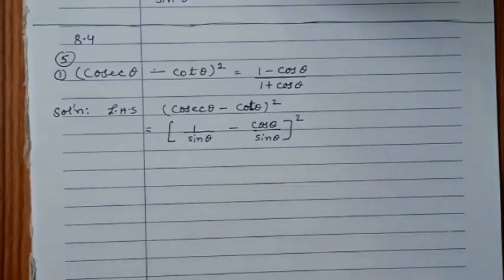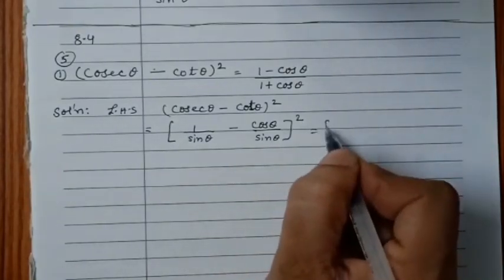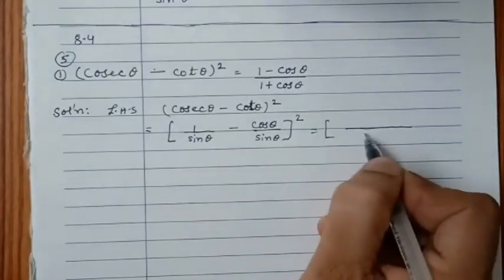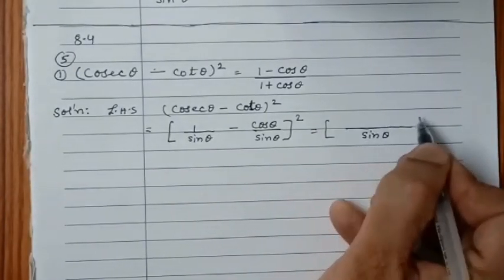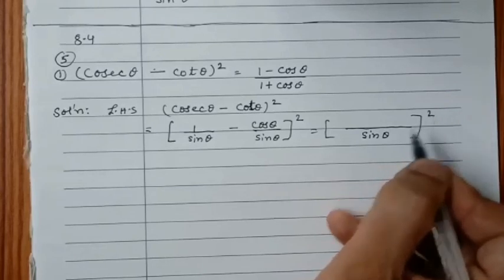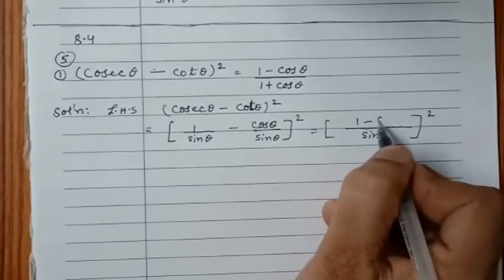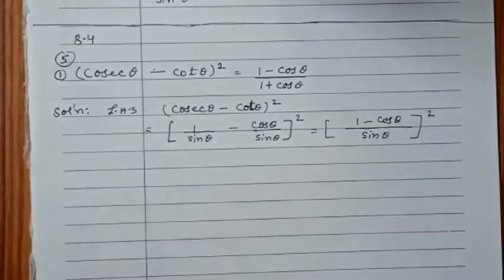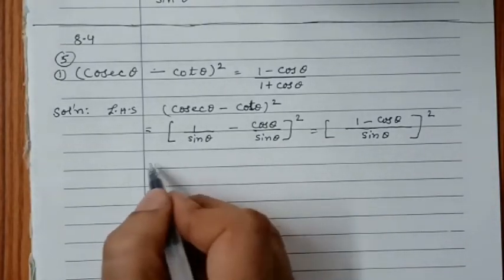Whole square is there. Okay, now I'm taking LCM. LCM is sin theta, and whole square is there. After taking LCM, what will come? 1 minus cos theta. Okay, now see, this is very important.